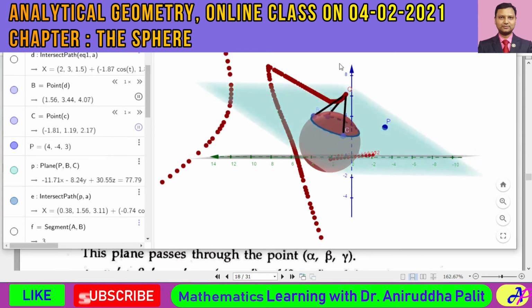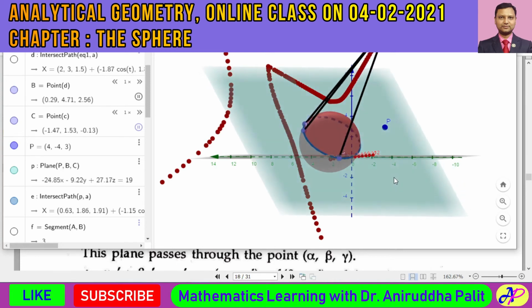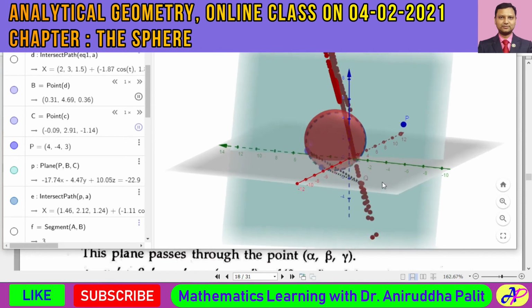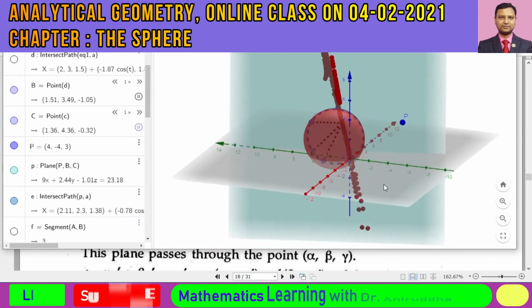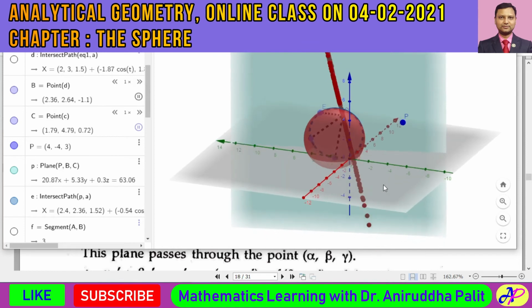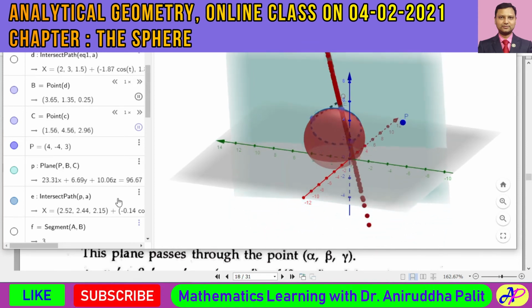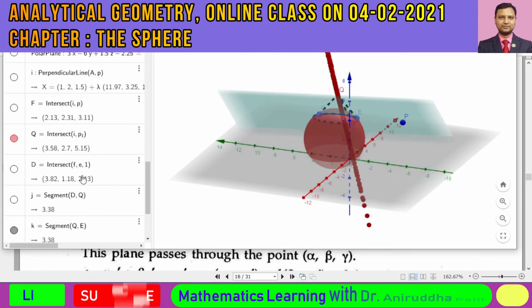It appears that apparently Q is not moving through a plane. Now this is the position of the plane. If the Q does not lie on a particular plane, then from this viewpoint I would not get any straight line at all.